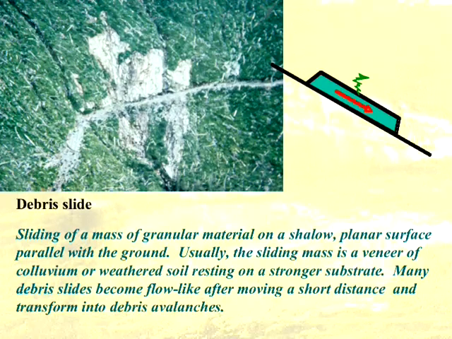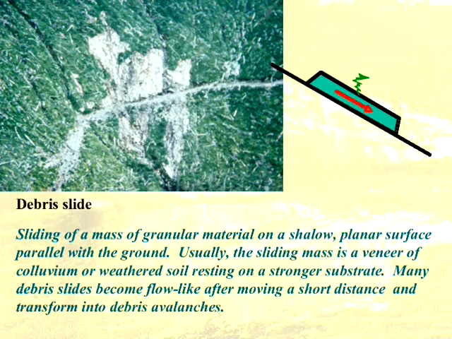Now, debris slide. Debris is coarse material, and generally coarse materials are frictional. Tomorrow, I think we'll be talking about stability analysis, and we'll be going through some of the theory of sliding in soils.